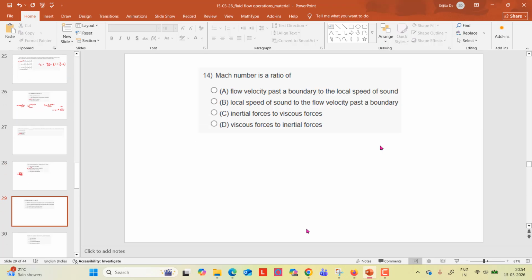That number is a ratio of flow velocity past a boundary to the local speed of the sound.